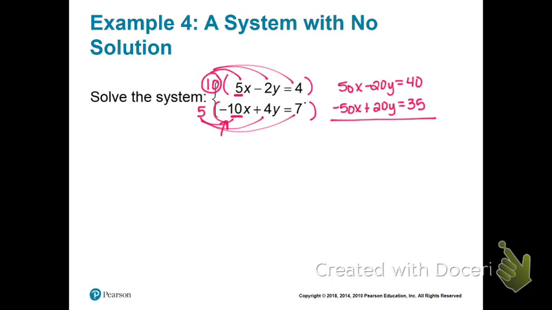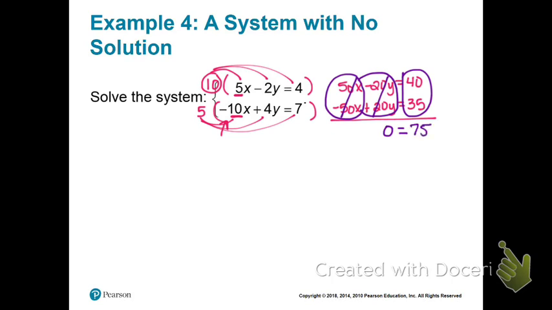So what is 50x minus 50x? Okay, what's negative 20y plus 20y? So what do I have left on this side of the equal sign? Nothing. So I have a 0 there, okay? Just on the left side. Equals, now be careful over here because that's a positive 35. So what's 40 plus 35?